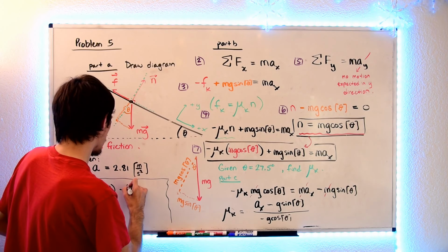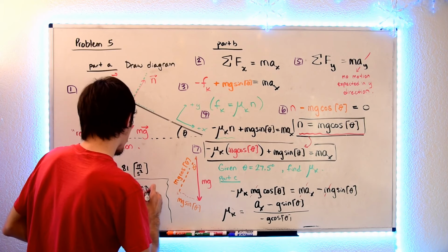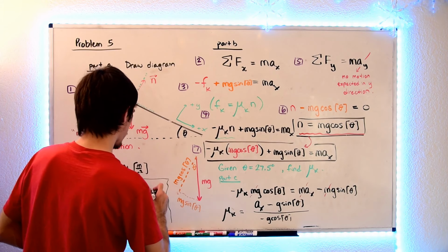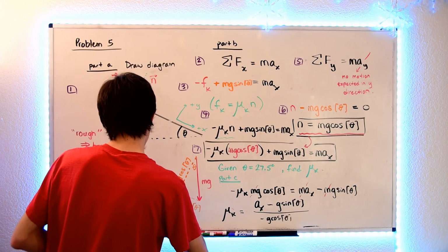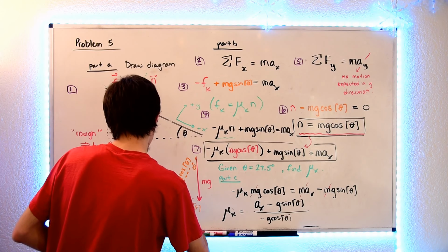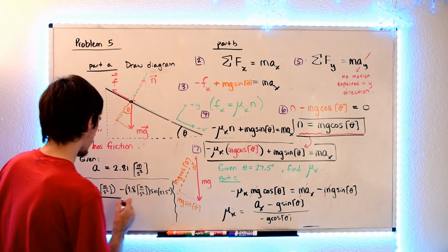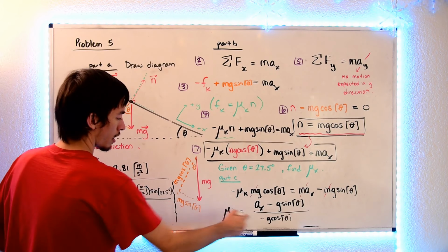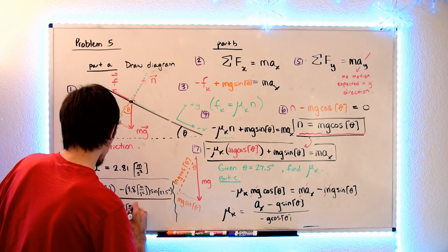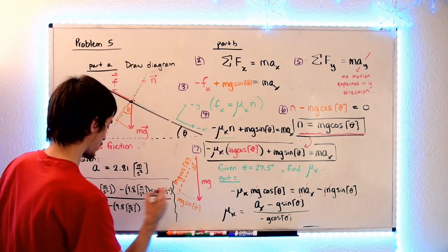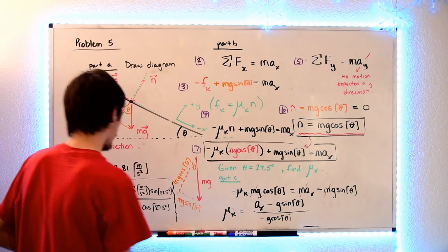Minus g, which is 9.8 meters per second squared, times sine of a given angle, which is 27.5 degrees. This is all divided by negative g, 9.8 meters per second squared, times the cosine of 27.5 degrees.